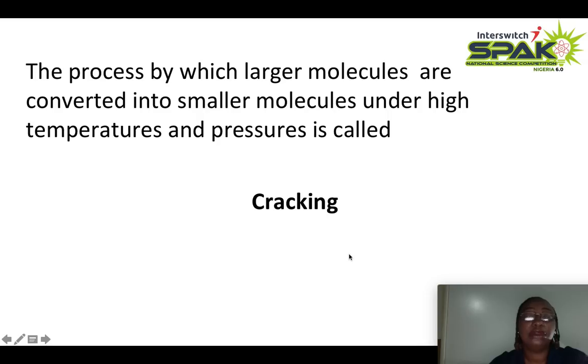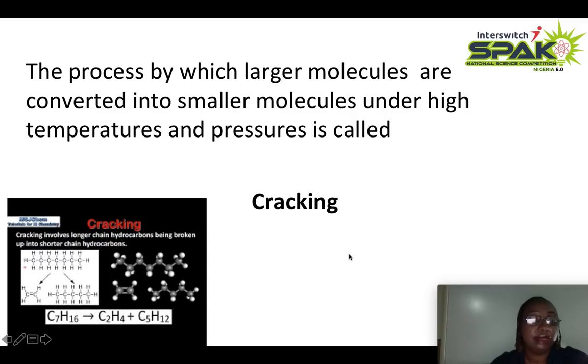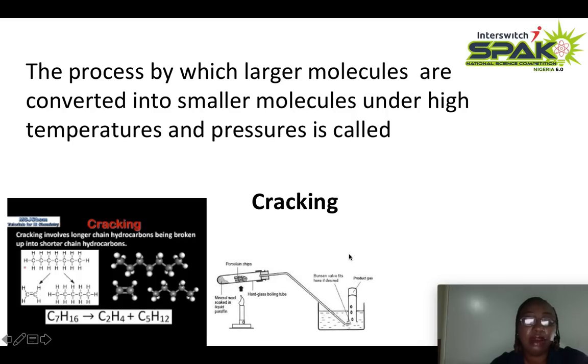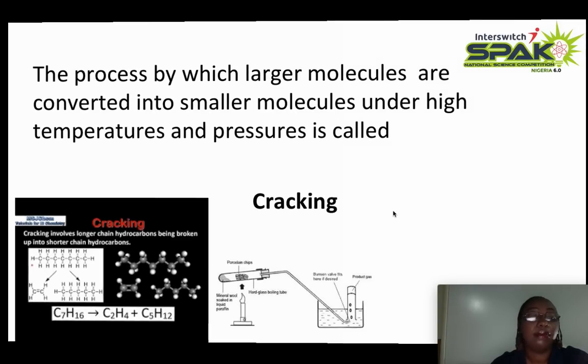Yes, cracking is when we have larger molecules broken down into smaller molecules at high temperature and pressure. Now, this is an example of cracking. Here we have heptane broken down to ethane and pentane, and we also have the diagram of cracking here. So this is known as cracking.